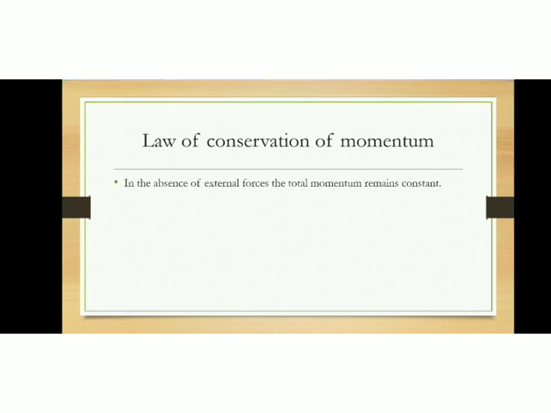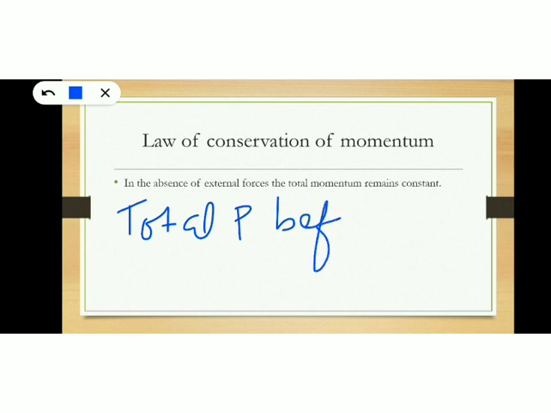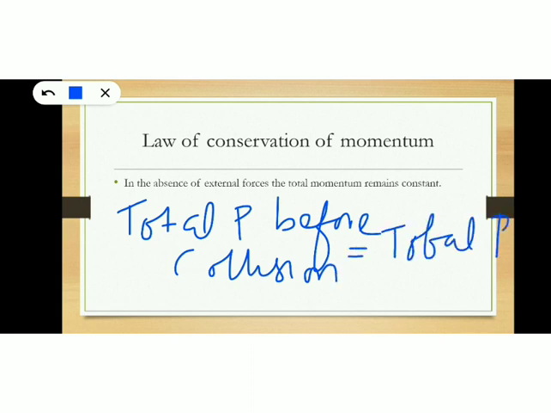Then what is law of conservation of momentum? Law of conservation of momentum states that in the absence of external forces, the total momentum of a system remains constant. That means the total momentum before collision is equal to total momentum after collision.